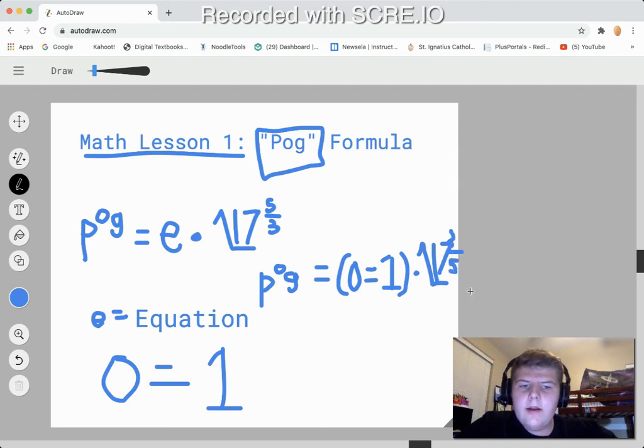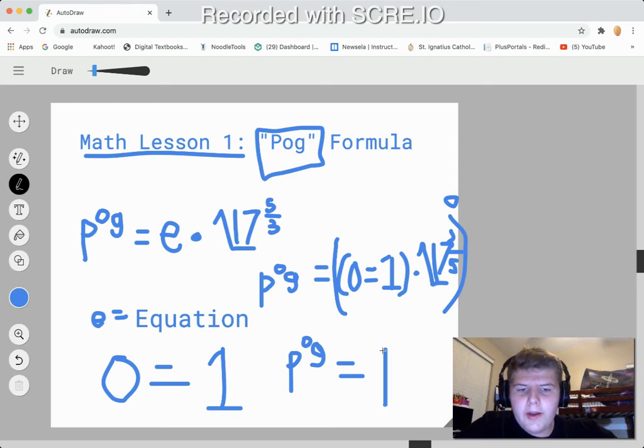All right. Now, if we do all this math, what we really can do to simplify all this, we put all of this in parentheses and we raise it to the 0 power. Now, if we raise everything to the 0 power, we have P to the 0 subscript G is equal to 1.